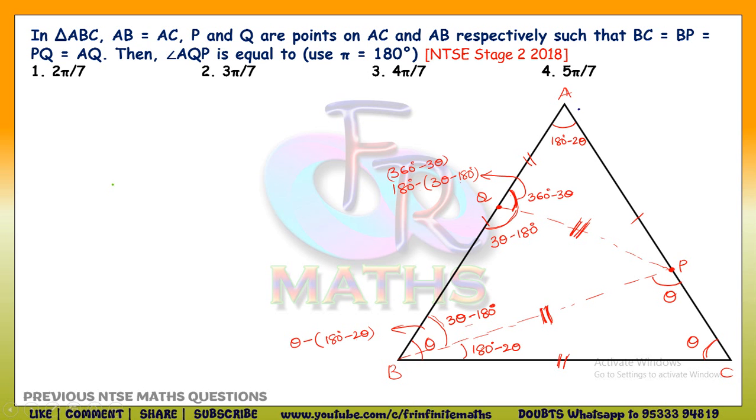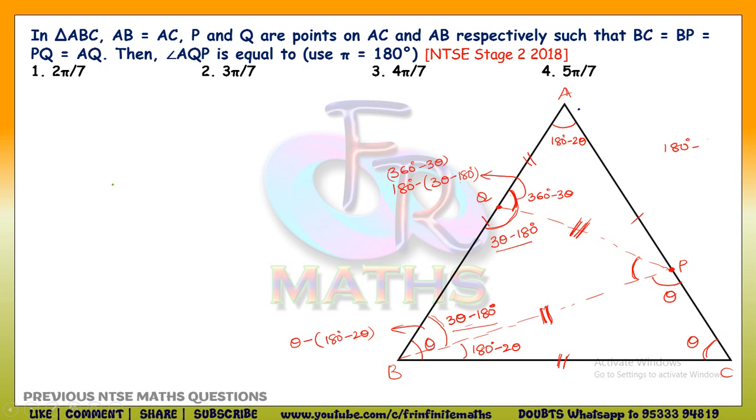Now in this particular triangle, triangle BPQ, if you observe this angle, we can find it out, right? So how can I find it out? Here these two angles are equal, 3 theta minus 180, 3 theta minus 180. So if you want to find the third angle, simply from 180 we need to subtract those values.